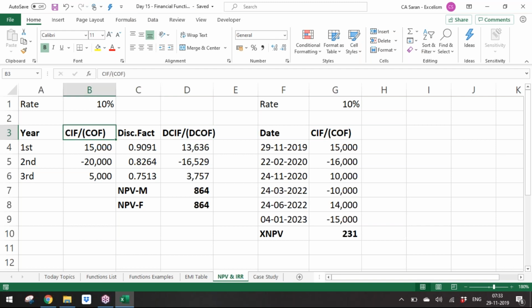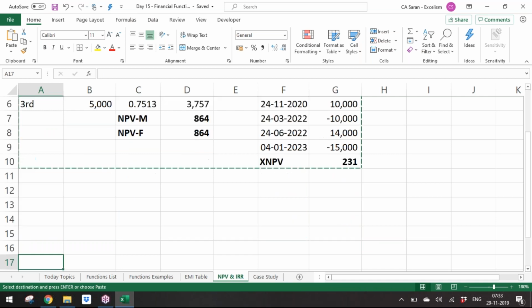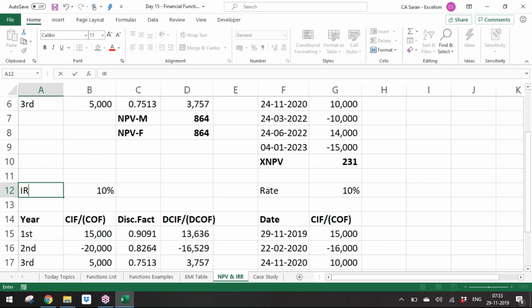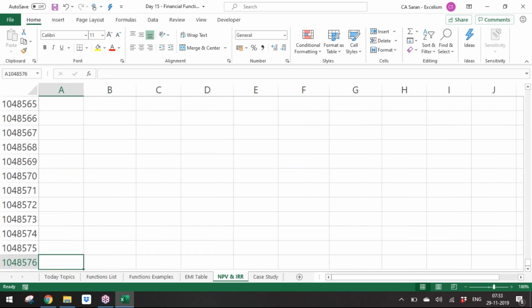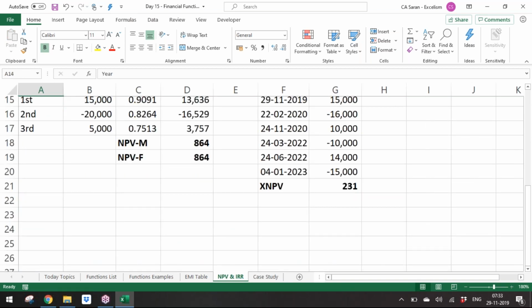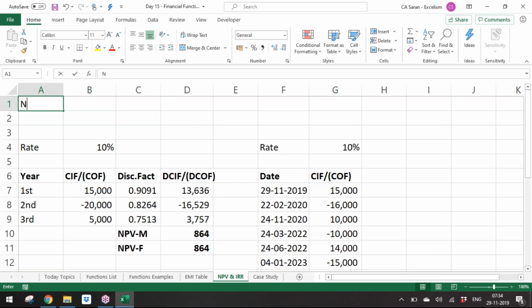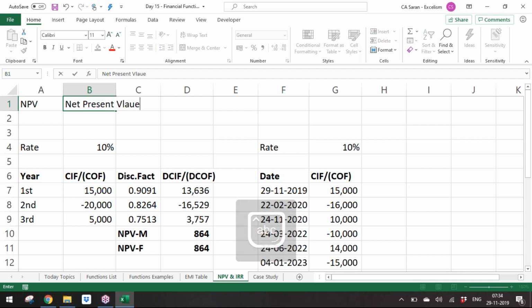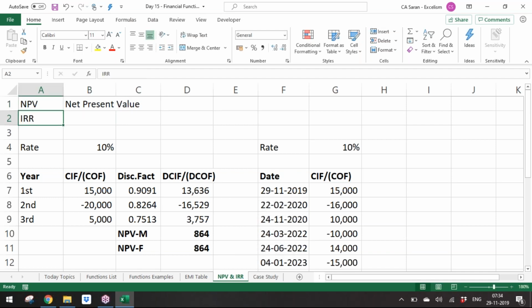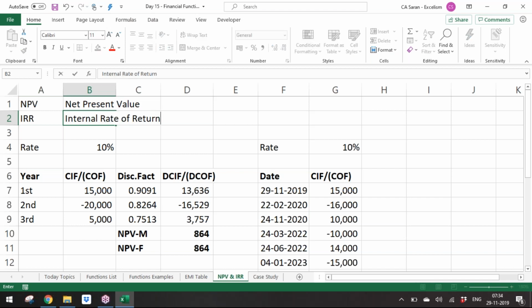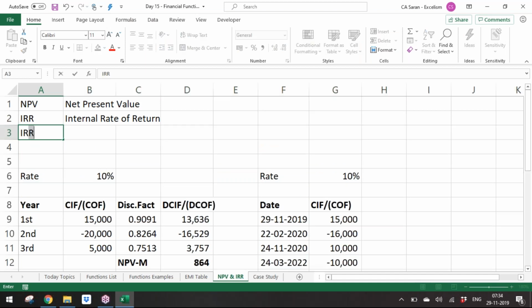Now let us use the same funda and start calculating the IRR. Now IRR is basically exactly the same. What is the meaning of IRR in the general practical sense? IRR, internal rate of return, is the point at which the net present value is 0.